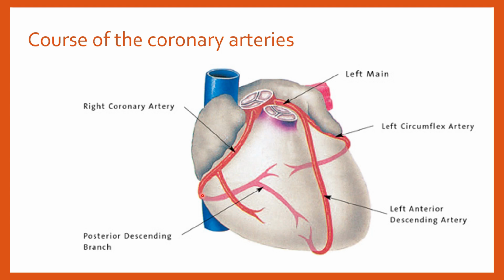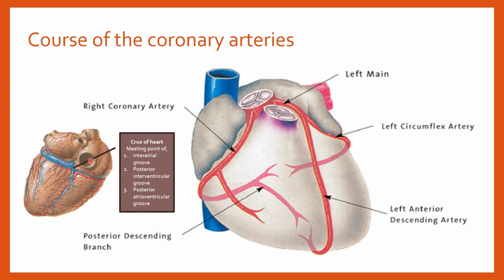It winds around the inferior margin of the heart and passes upwards and to the left along the posterior part of the atrioventricular groove, and it reaches the crux of the heart. The crux of the heart is the meeting point of the interatrial, posterior interventricular and posterior atrioventricular grooves. Here it ends by anastomosing with the left circumflex artery, that is the branch from the left coronary artery.